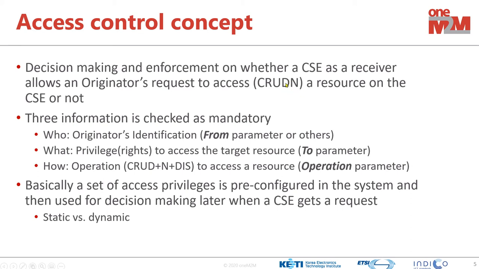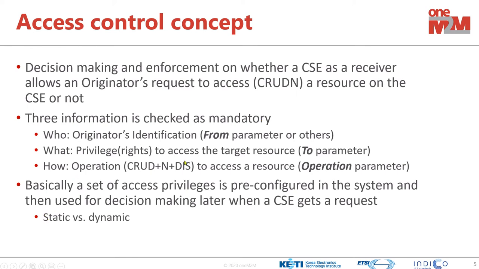So how do they decide? There are three key pieces of information for the access decision: who can do something on what. For example, AE1 can retrieve the container 1 resource. Those are the three key pieces of information for the CSE to make an access decision whenever it gets a request.